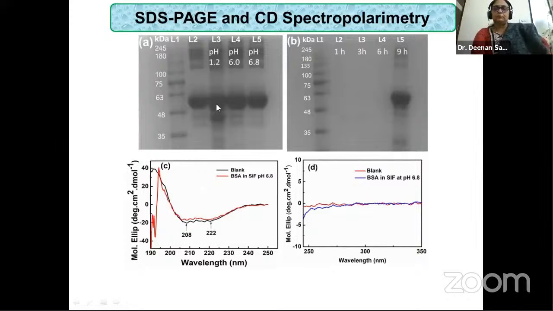On the other hand, when calcium is there, it is released only after 9 hours at the colon. The run shows that this is BSA alone, and you can see that this material is released at all pH ranges, whereas here it is released only at the colon site.